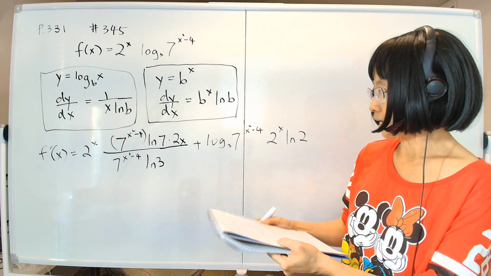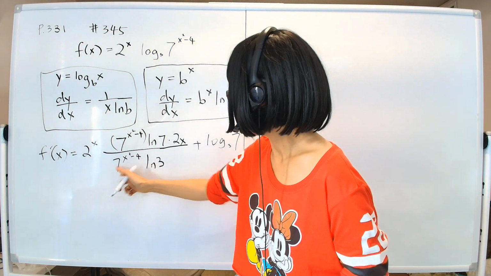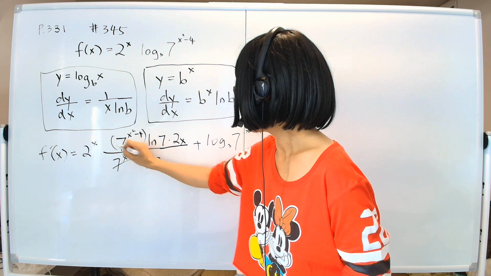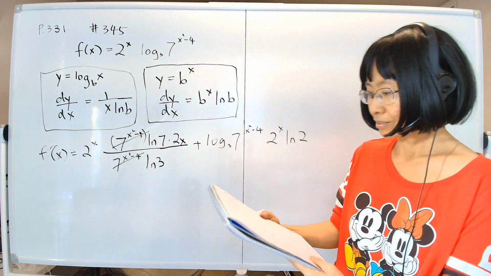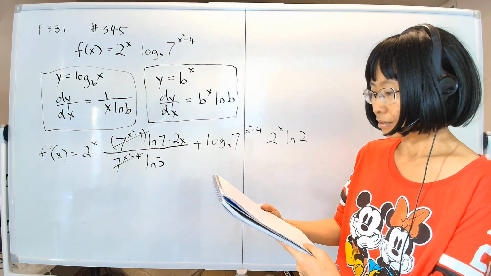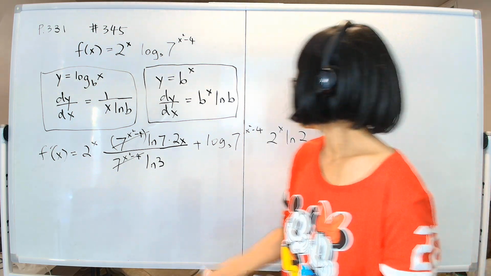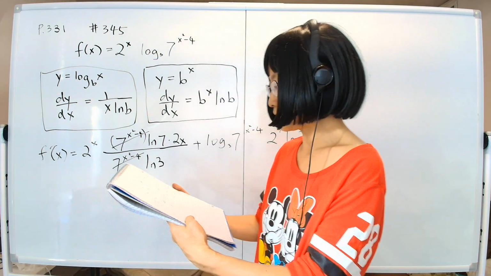So what do we have? Luckily, we can cancel out some of this stuff to make it slightly simpler. So let's cancel out this thing. So far so good, and that's about all we're going to be canceling out. So we're going to rewrite this whole deal.